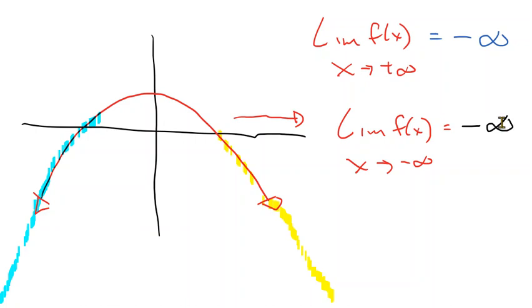Now, the limits are not always going to be infinity. Here's an example. If we have a horizontal asymptote, so here's my axes, and I have a horizontal asymptote. Remember, a horizontal asymptote is some line, a horizontal line, that the graph will never cross.